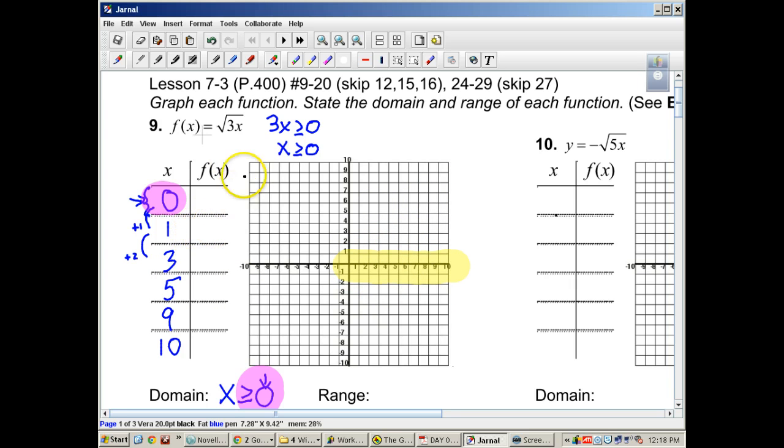And now here's the calculator part for some of the points. Plug in 0. 3 times 0 is 0.